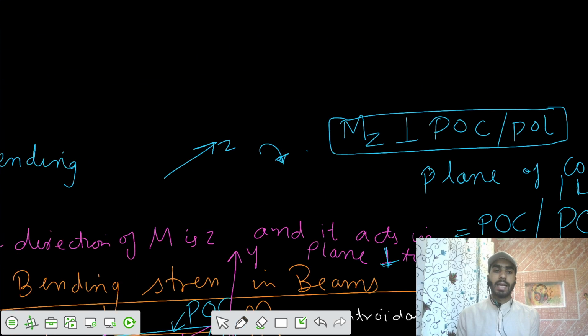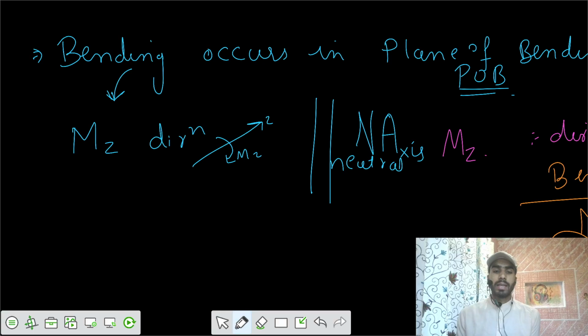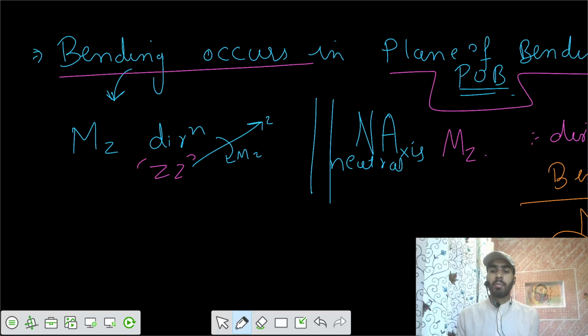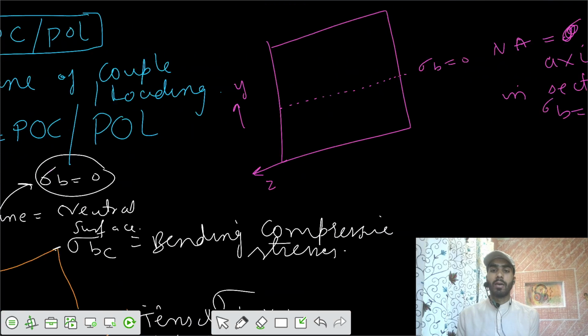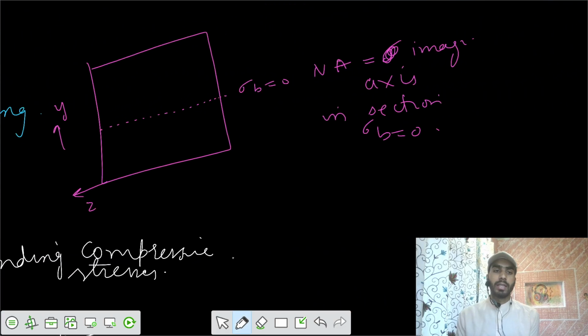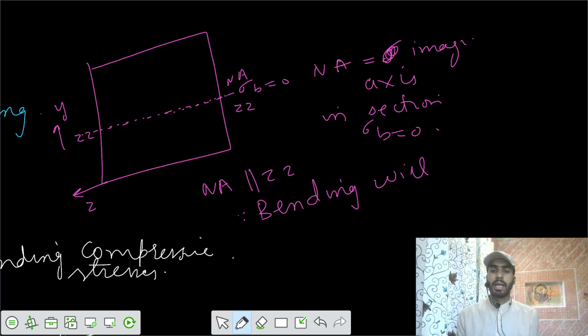So the concept was that if the moment z direction is parallel to the neutral axis direction, then we say that bending occurs in the plane of bending. In this case, the neutral axis direction and the z direction were the same, so bending will occur in the plane of bending.